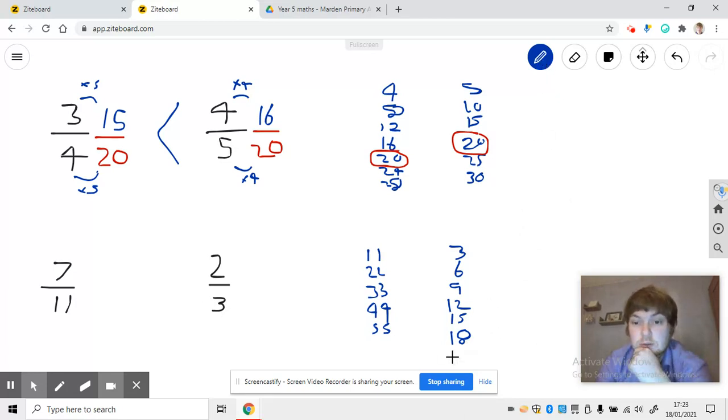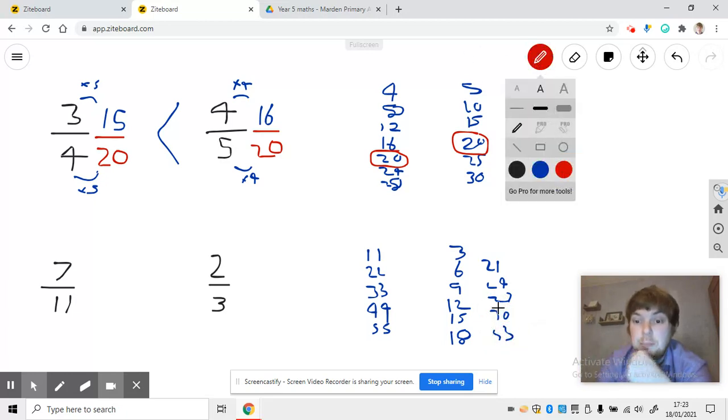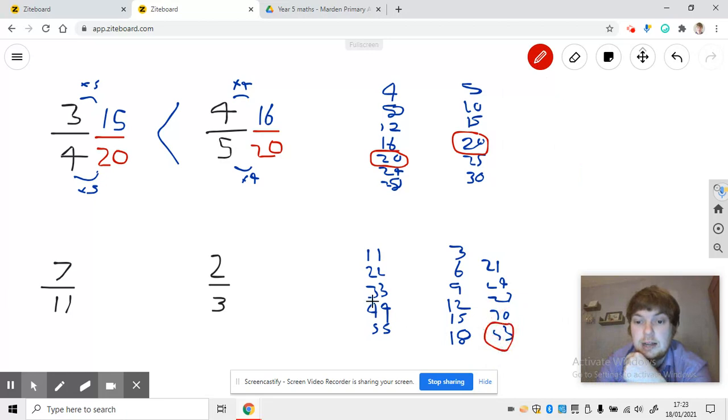And just to prove that we could have done that, I go 18, 21, 24, 27, 30, and then 33. So we would have got there. But the quicker way could have been in that first instance, doing 11 multiplied by 3. But nevertheless, we have now got a common denominator of 33.